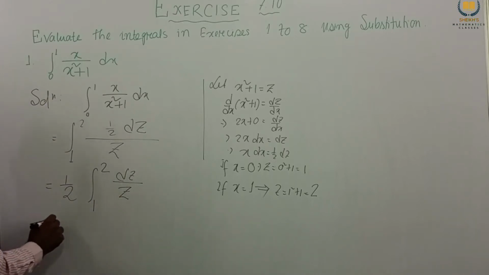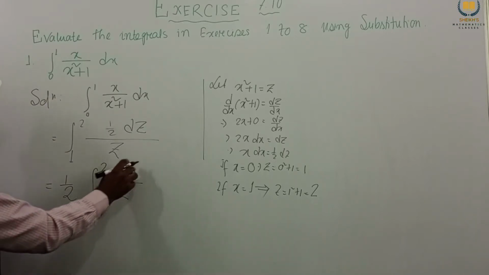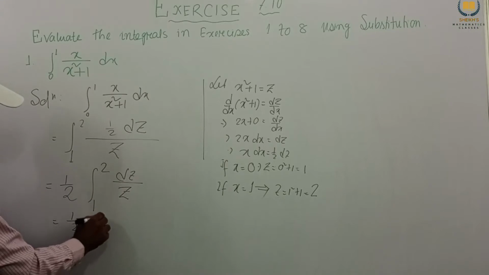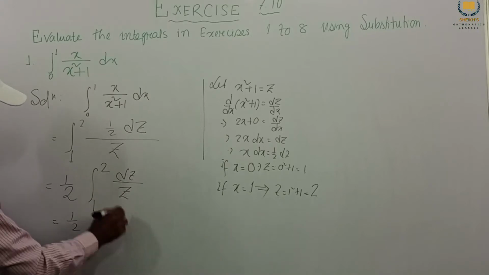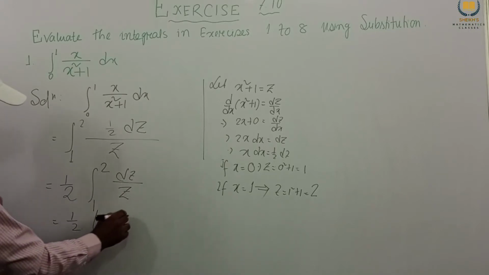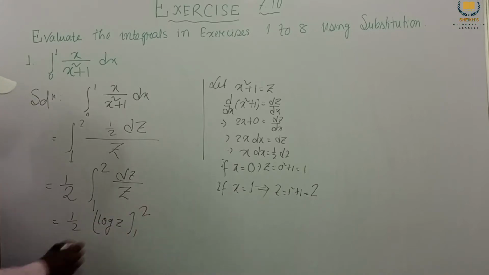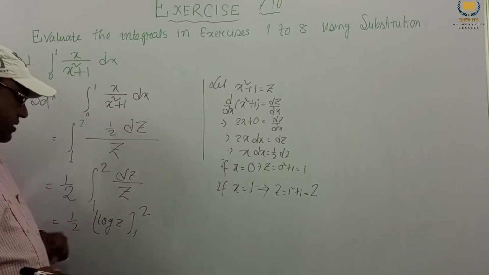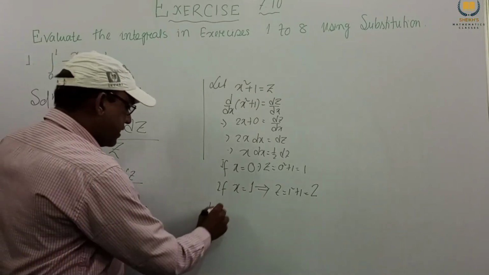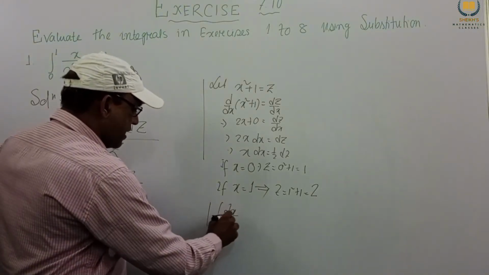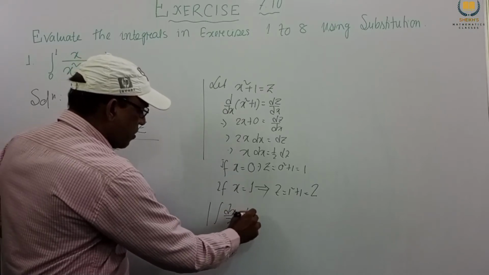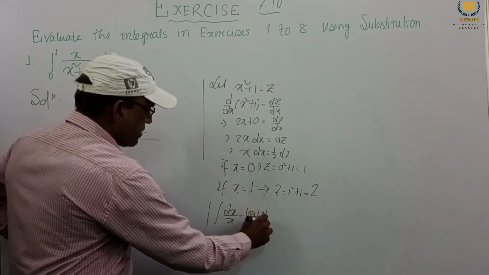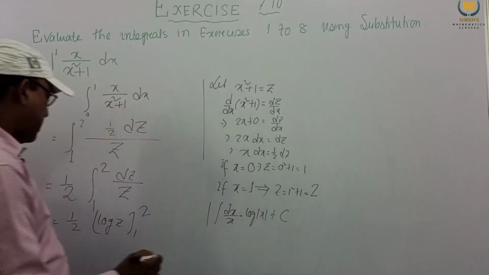This is 1 by 2 times the integral of dz by z, which gives log z, from 1 to 2. Direct formula: we get log z, because we know the integration of dx by x equals log of modulus of x plus c.